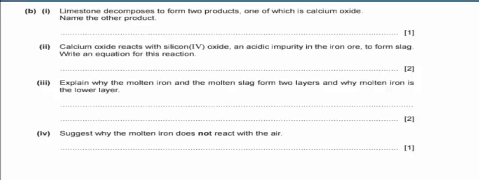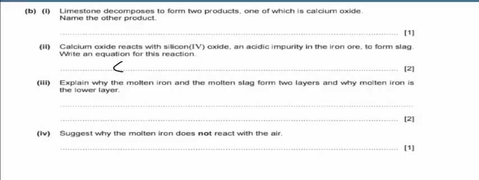Then as for Roman numeral number 2, calcium oxide reacts with silicon 4 oxide, an acidic impurity in the iron ore, to form slag. So slag is just calcium silicate. So here they are asking us to write an equation for this reaction.